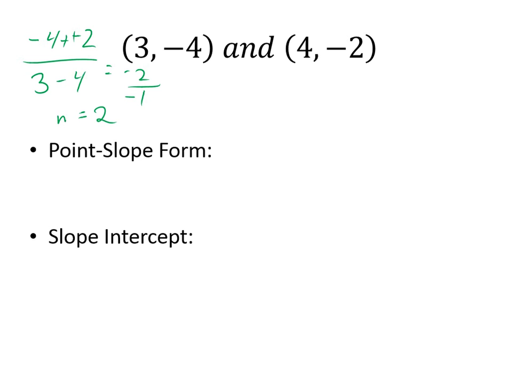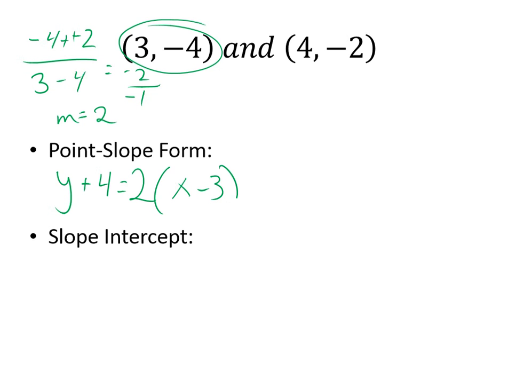So my slope is 2. For point slope, I've got y minus, and then I'm going to use the first point. So it'd be y plus 4 is equal to 2 times (x minus 3). And I'm done. There's point slope.